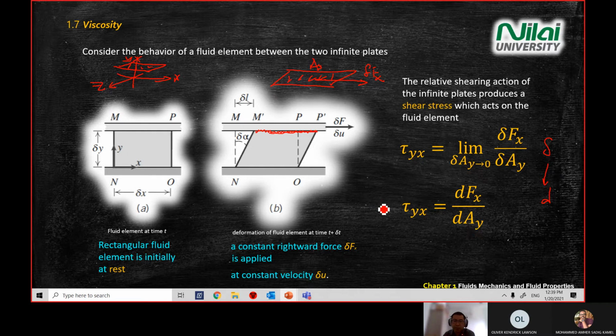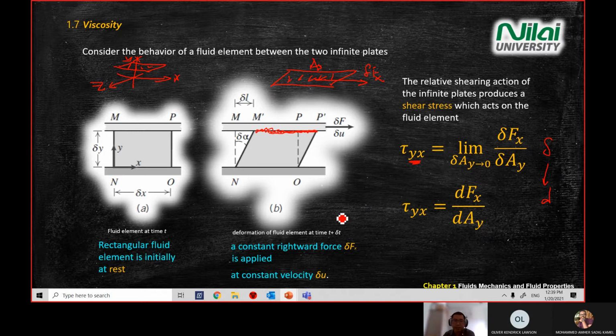It's quite straightforward. I just need to remind you of the notation tau yx: plane y, x direction. This is on plane y, x direction.